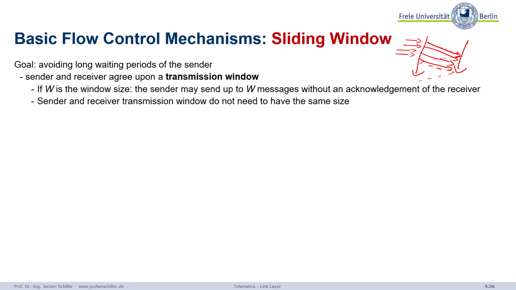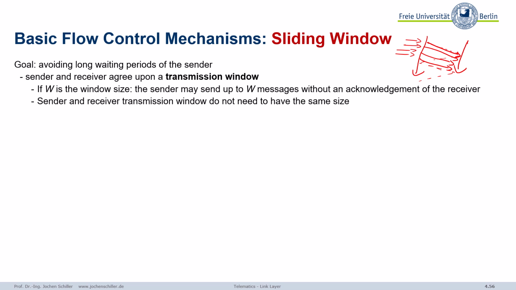So the idea is that sender and receiver agree upon a transmission window. A transmission window basically tells the sender, okay, I as a receiver can handle up to, let's say, 7 frames, because I know a frame size is this and that many bytes, so I reserve a certain buffer size, and I know without sending any acknowledgements, I can simply receive those 7 frames and store them. So we agree upon a so-called transmission window.